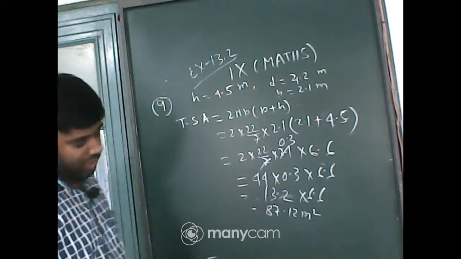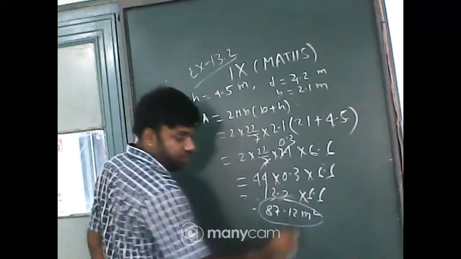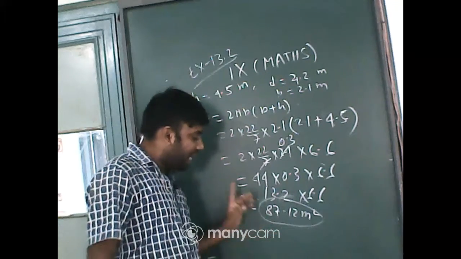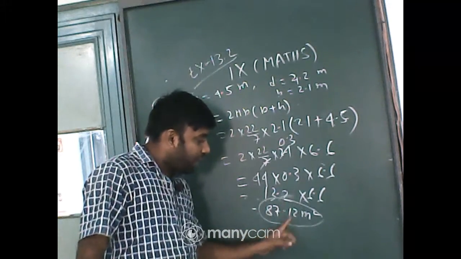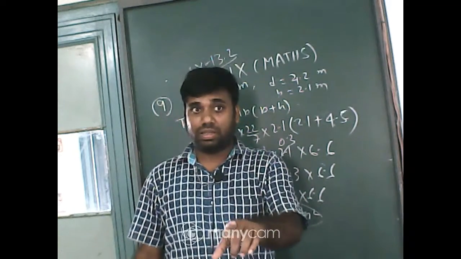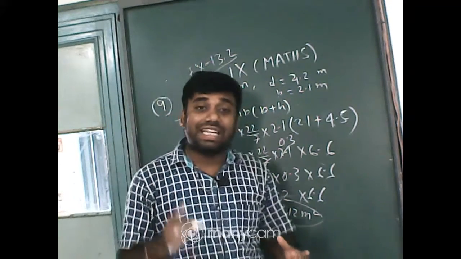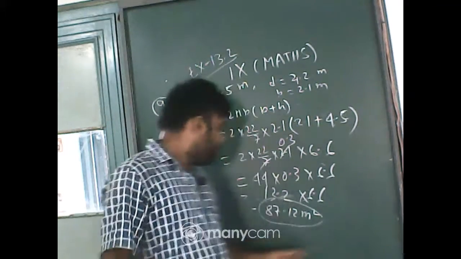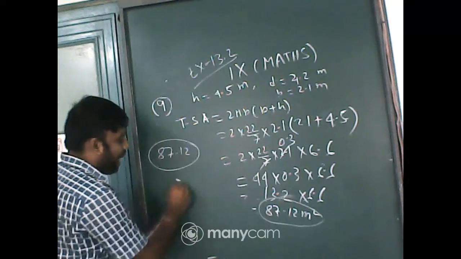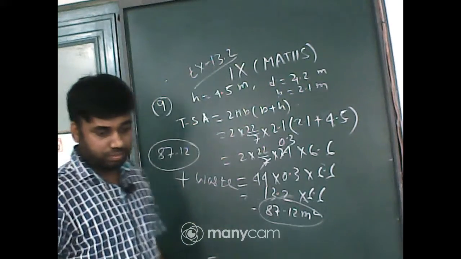87.12 meter square. Now students, listen carefully, that meter square means 87.12 meter square is the area of the cylinder. Okay, and how much steel is needed? First of all, this 87.12 is plus waste. Got it?